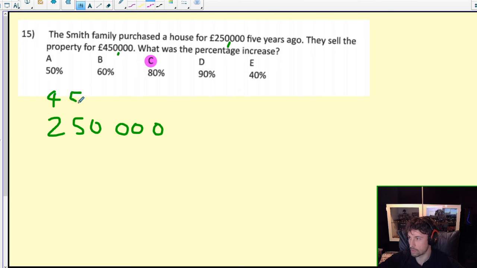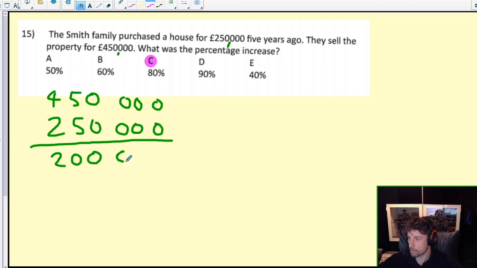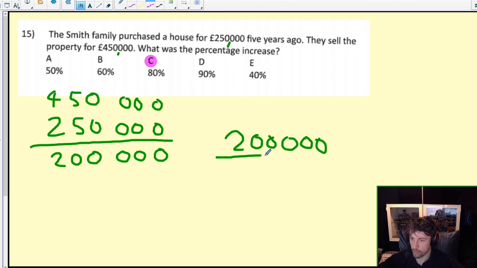So we know that in maths, the difference means take away, which is going to be 200,000. And that's the increase. So it's 200,000 out of, or divided by, the amount of money that it started as, the original.